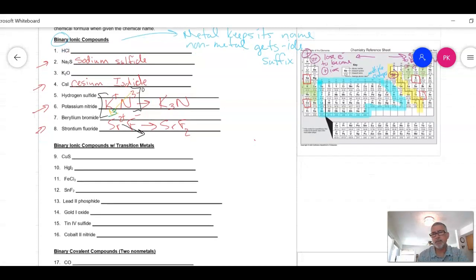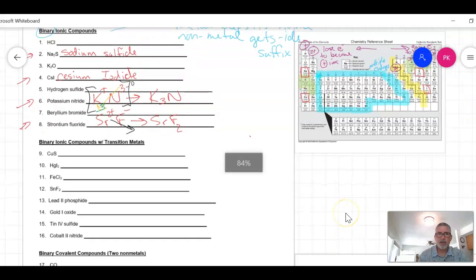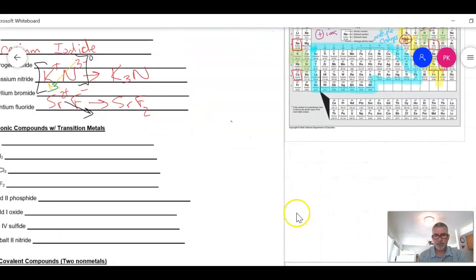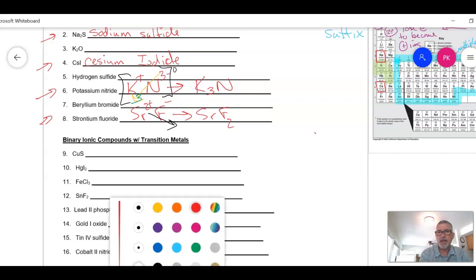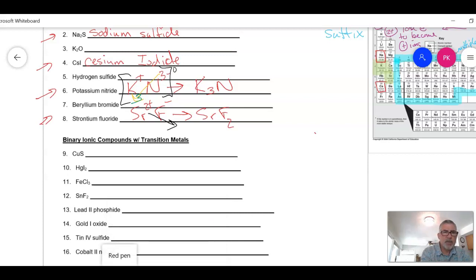When I deal with transition metals, I need to look at the charge. So I kind of do a backwards crisscross with transition metals. Let's work at this first one, mercury iodide. Each iodide, if I look here, is in the last column of my periodic table, so each iodide has a 1 negative charge.